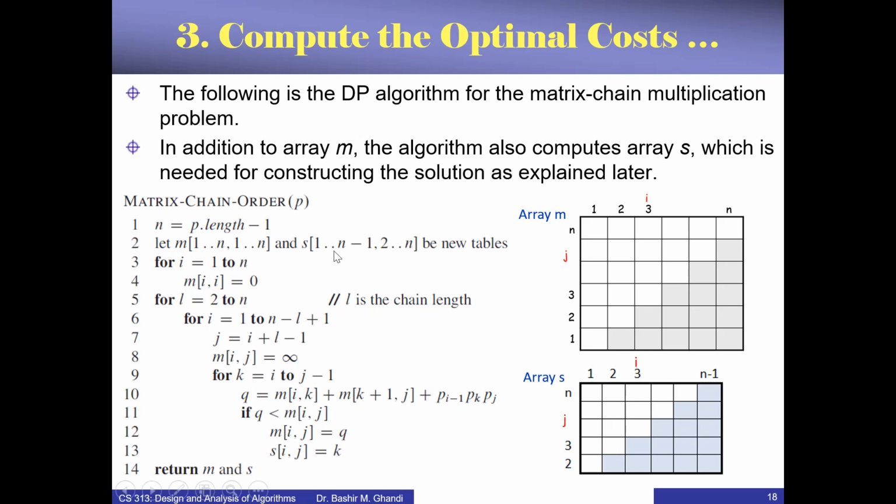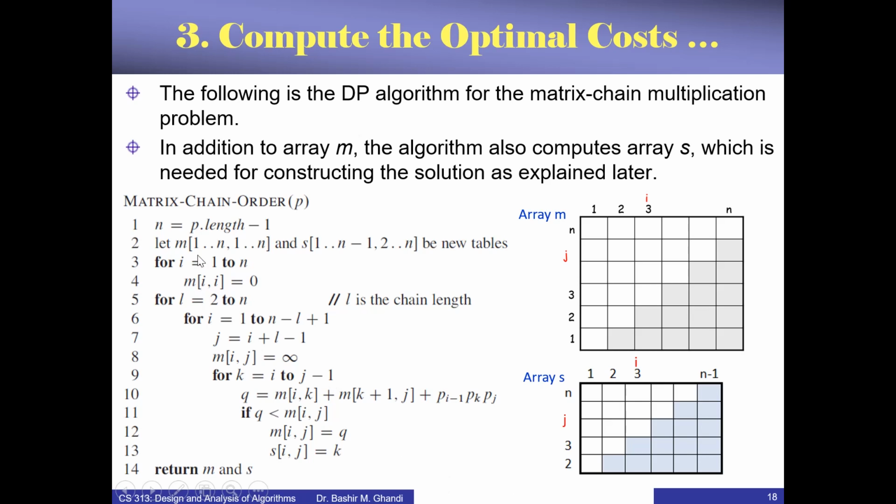So i varies only from 1 to n minus 1 in the case of array S, and j varies from 2 to n.